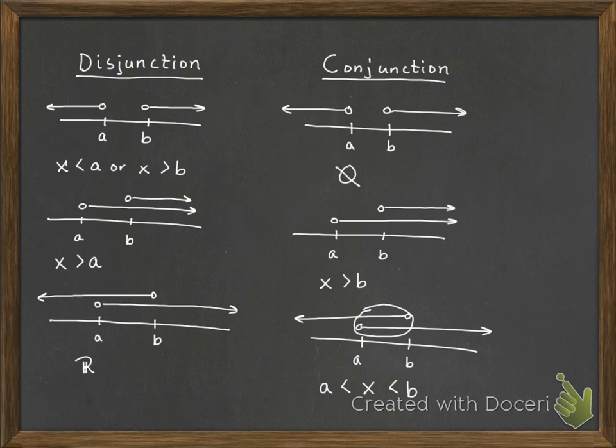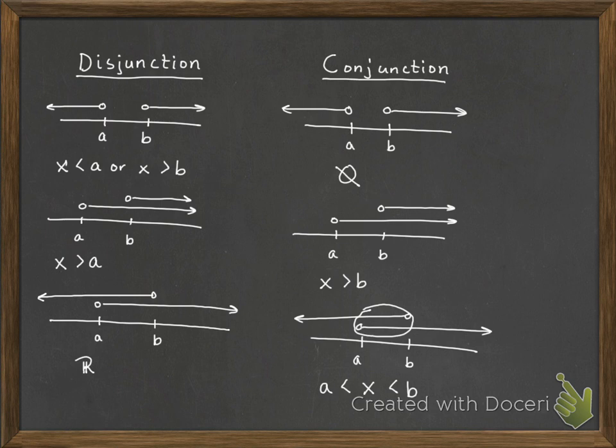The graphs look exactly the same for each, but the way you answer them is completely different depending upon if you've got a disjunction or a conjunction.